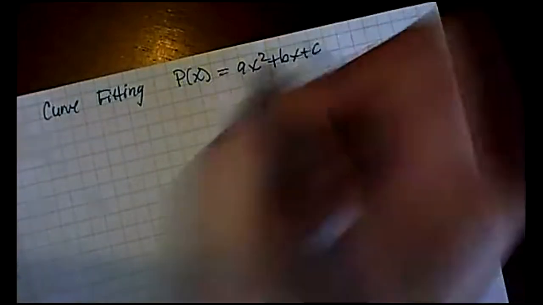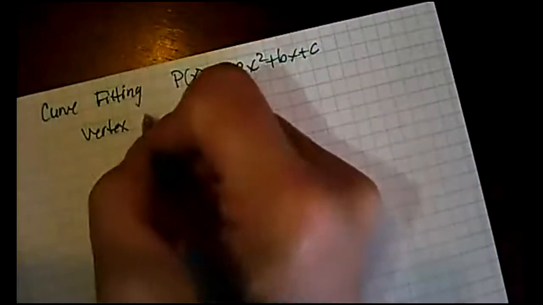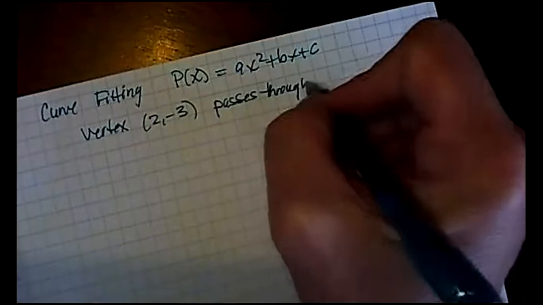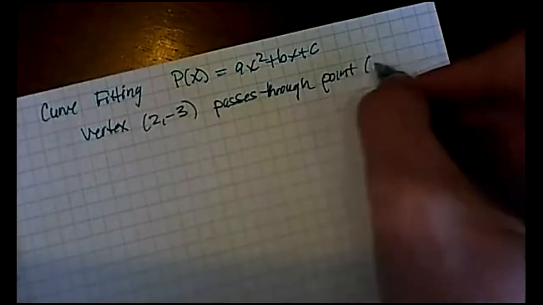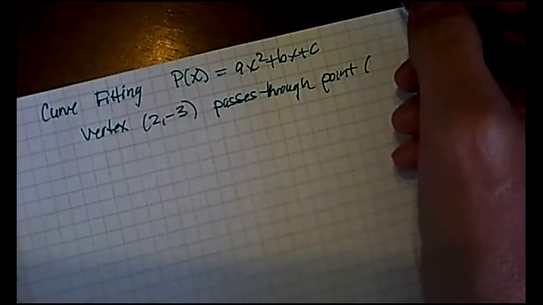All right. So curve fitting is when I have a parabola. Okay, and I'm going to be given the vertex. So the vertex is 2, -3, and it passes through the point 8, 69.